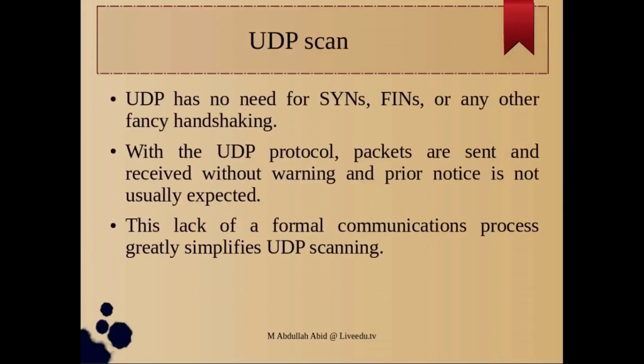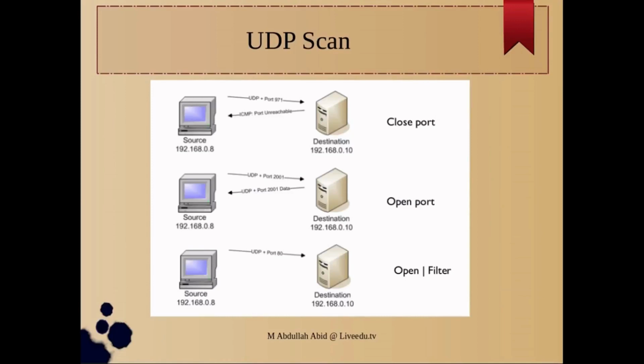UDP is the other protocol that can be used in the transport layer if we do not use TCP. UDP is usually used in live streaming or real-time applications, and it doesn't require any handshaking. It just sends the data and trusts the network for receiving. So if we send a UDP packet, there are no such flags present.